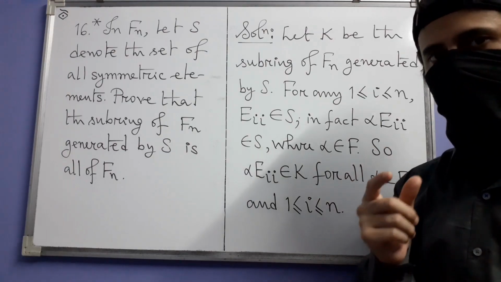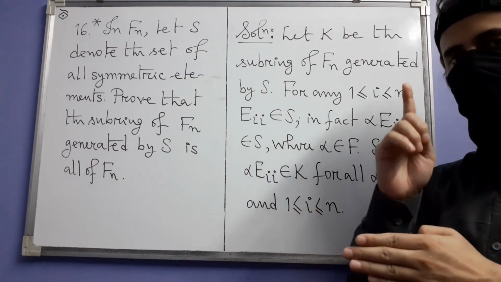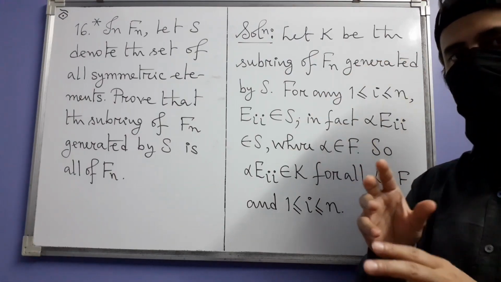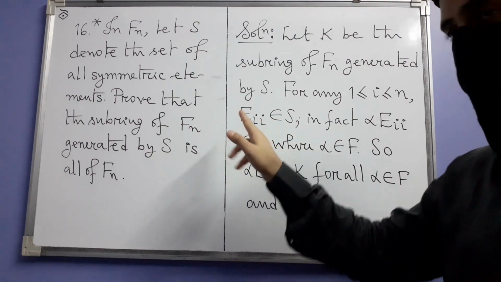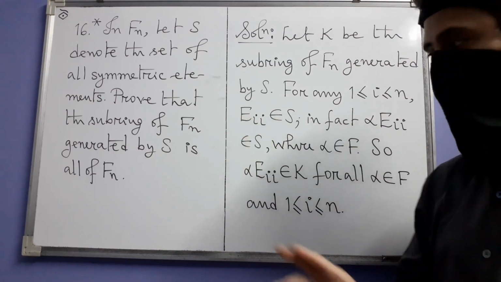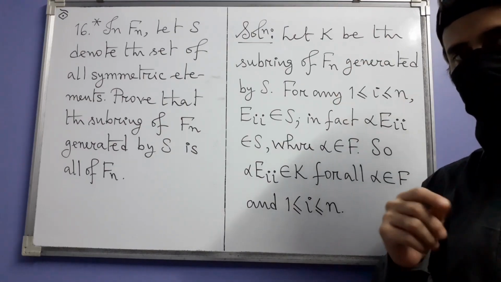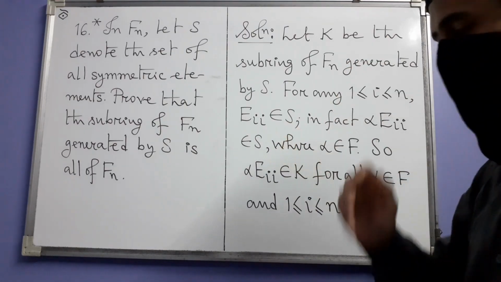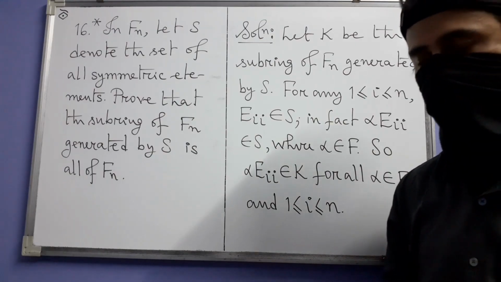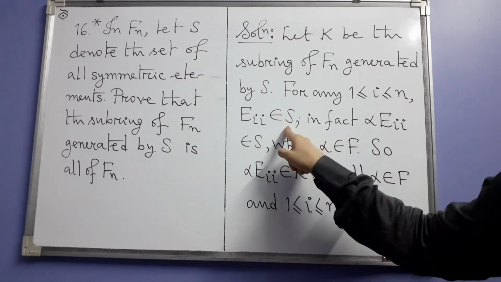EII is the n by n matrix whose ith row, ith column entry is equal to 1 and all the other entries are 0. And it's a diagonal matrix because this is the ith diagonal position on the leading diagonal. So it's a symmetric matrix automatically, and that is why any such EII belongs to S.